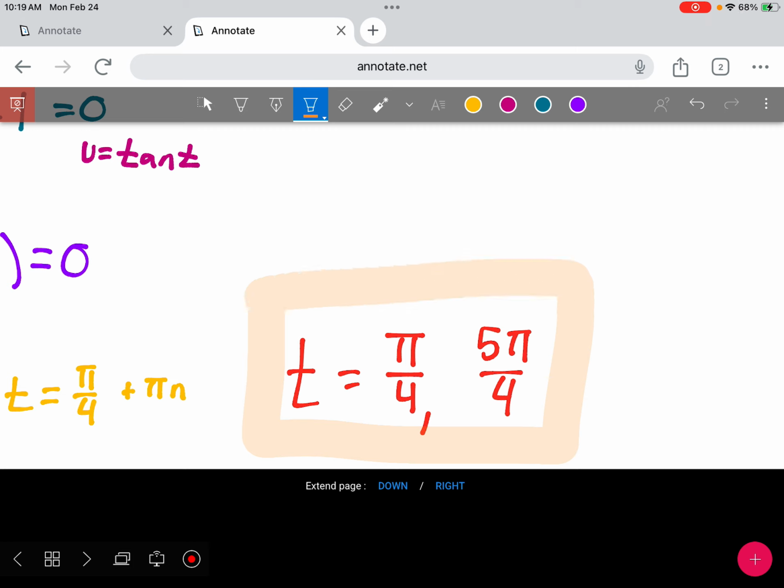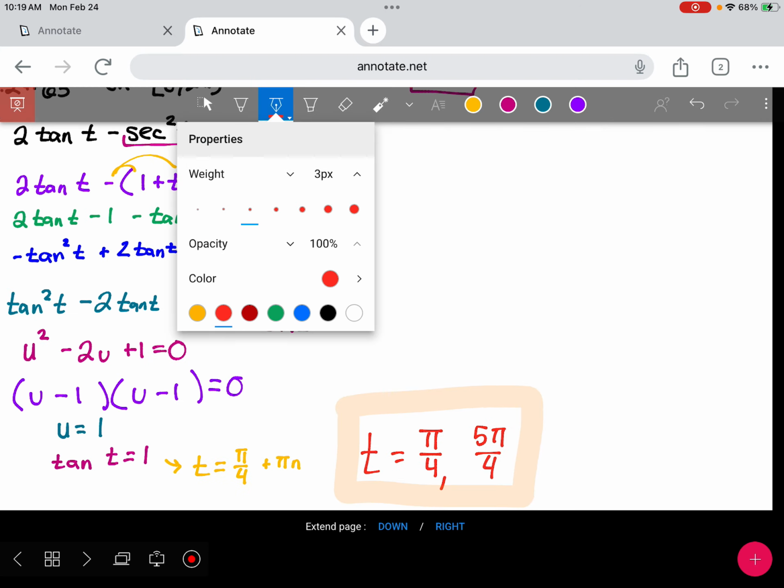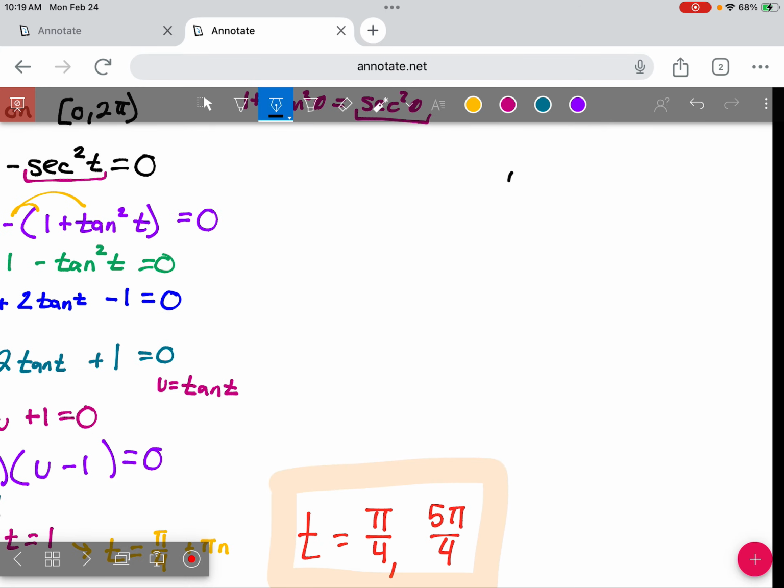Where did I lose you? Where's tangent 1? It means my x's and y's have to be exactly the same, because I would need sine and cosine to simplify down to be 1. So it would be square root of 2 over 2 over square root of 2 over 2. Think through our unit circle on those ones. The only place we're going to have tangent of 1 is on our pi over 4s.